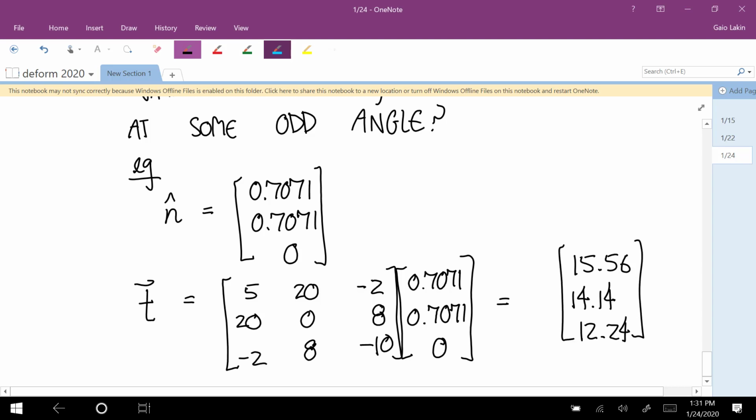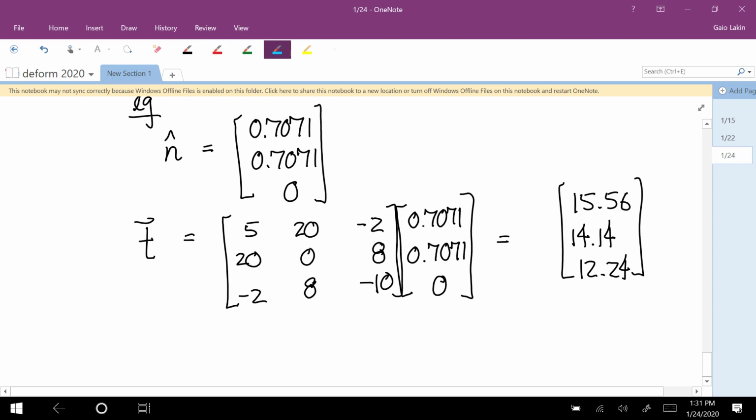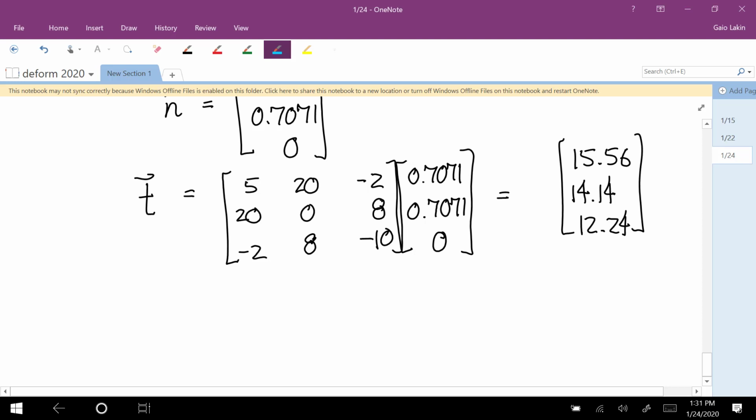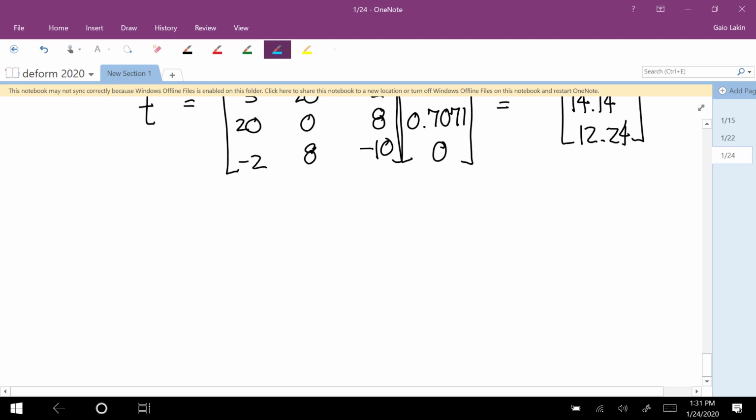Okay. So what does that mean? Well, here's our coordinate system. I'm drawing it straight on, so the z-axis is coming right out towards us. And say that we had drawn our stress cube.